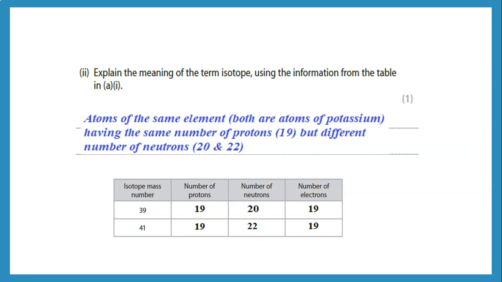So from the table, these are atoms of potassium having the same number of protons, both of them have 19 protons, but a different number of neutrons, one of them has 20, the other has 22. That is why we call these two isotopes of potassium.